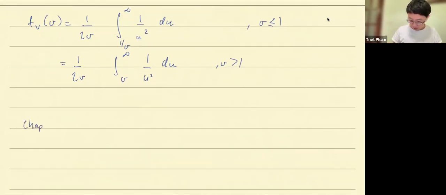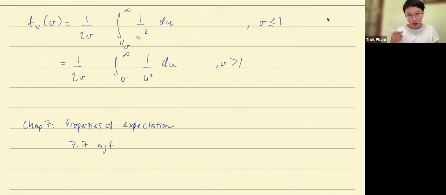So let's move on to chapter 7, which is properties of expectation. Where, remember, 7.7, the MGF is a kind of expectation. It's the expectation of e to the tX, which we have discussed.